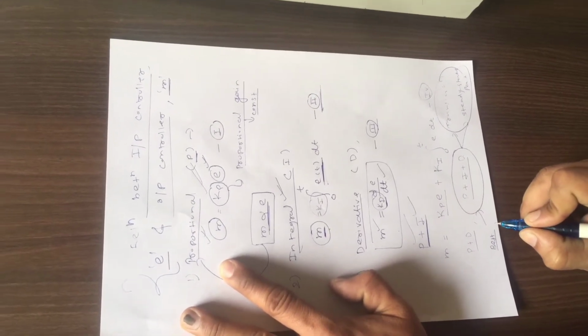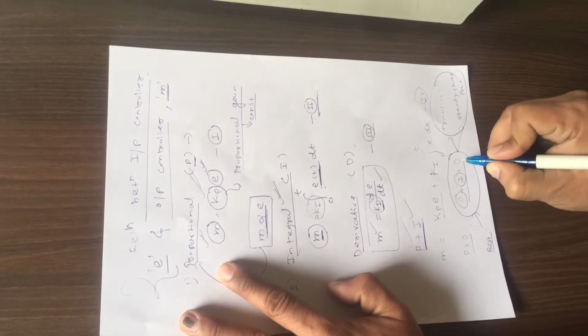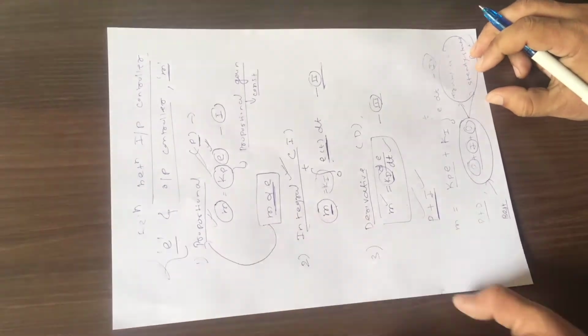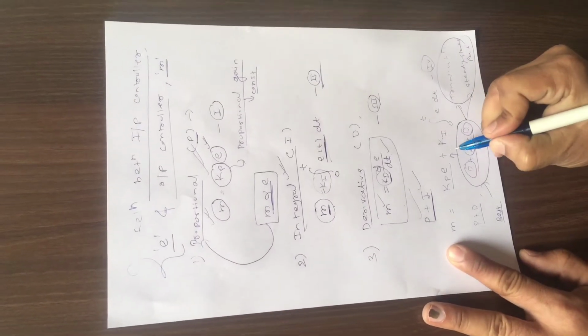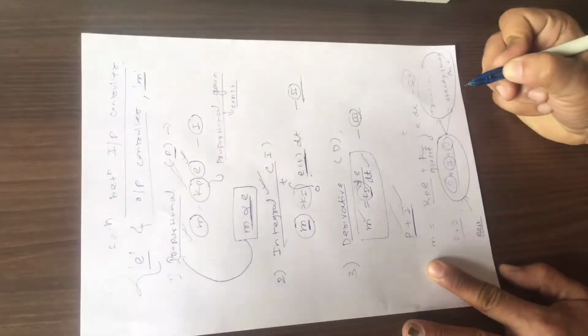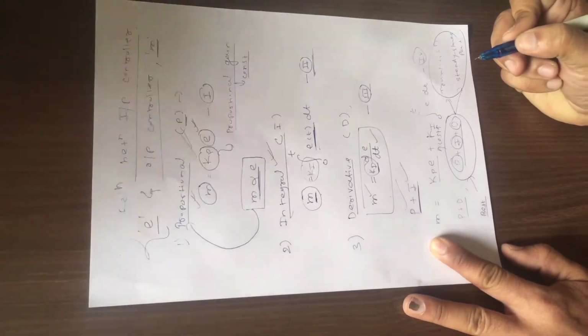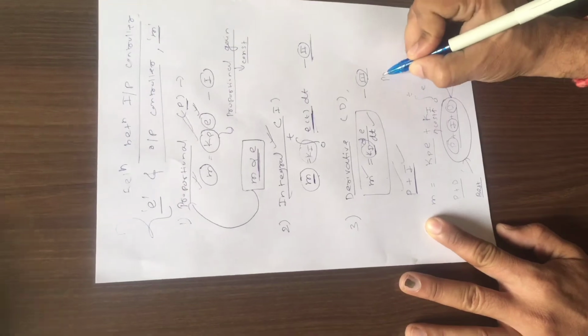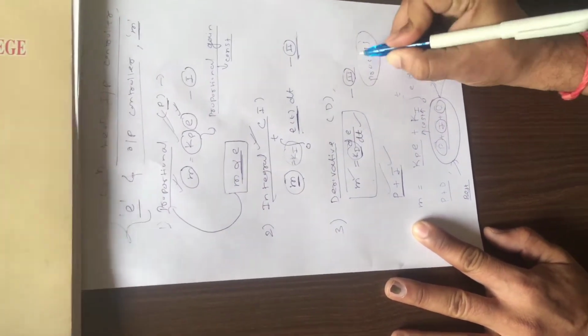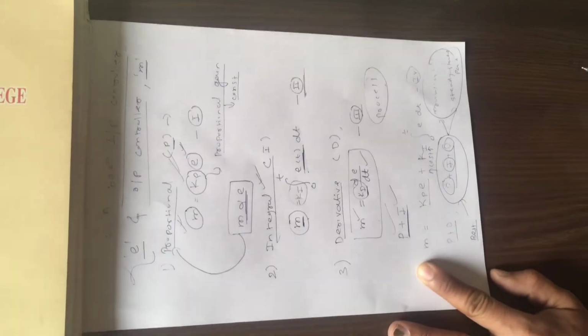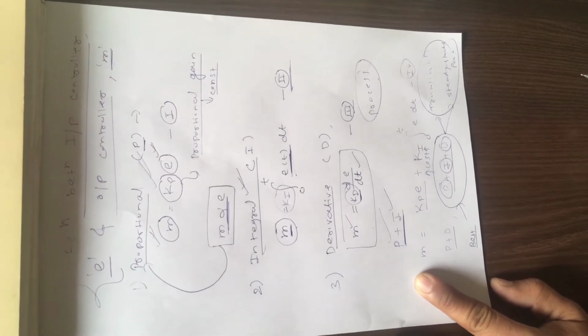But we have to remember that when we add control actions, the number of control components keeps increasing, and the cost of the controller will be high in that case. So it depends upon what type of process you are controlling, and depending upon that, which mode of control action to choose is decided.